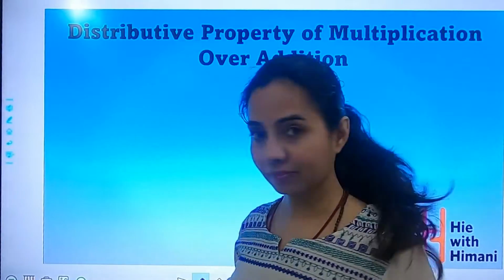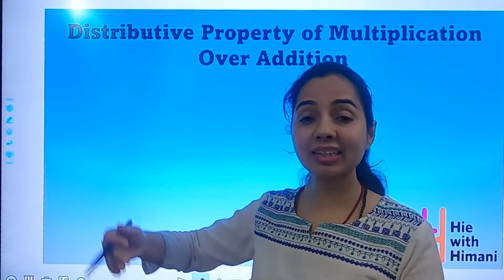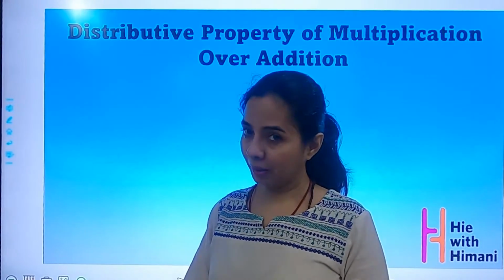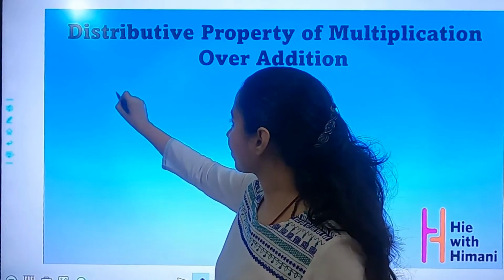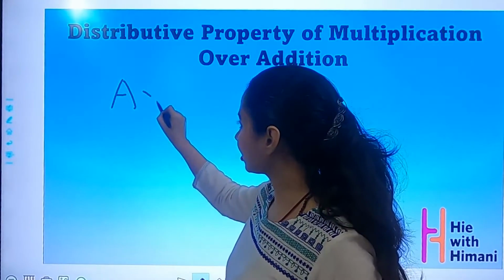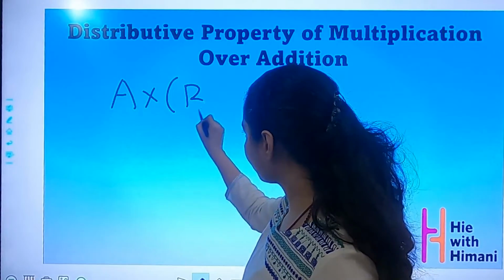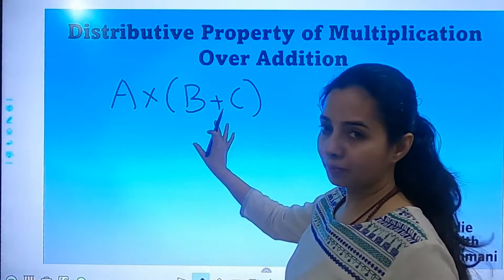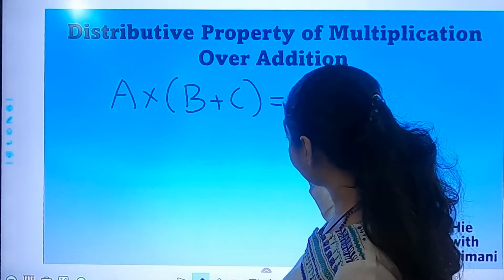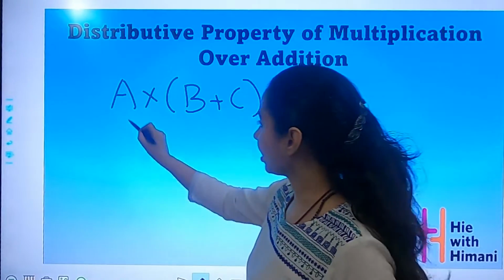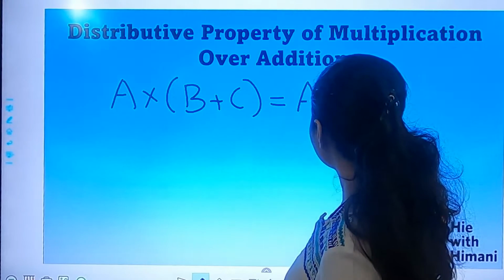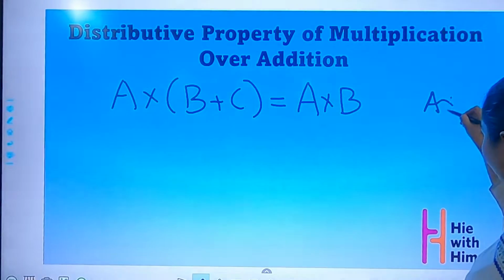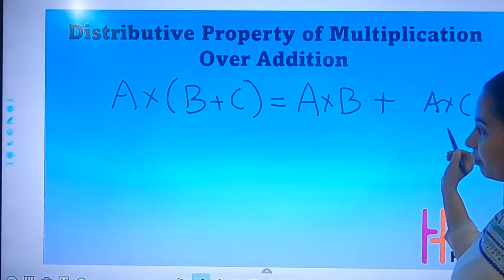So what does it mean? As I told you, how one thing is getting distributed amongst the others, the order does not matter. If A is getting multiplied by the sum of B and C, then it will be equal to A being multiplied by B first and A being multiplied by C, and then we add both of them.